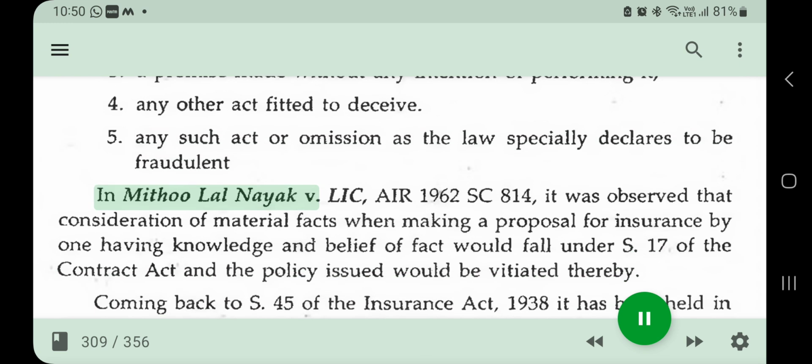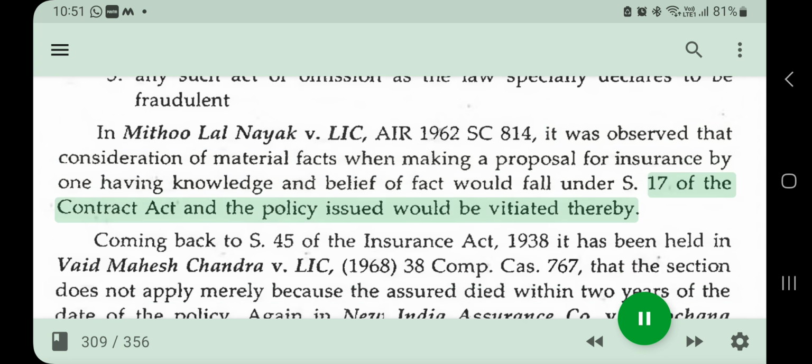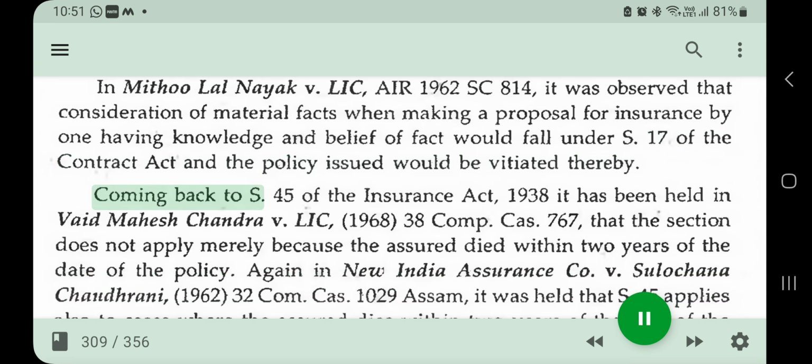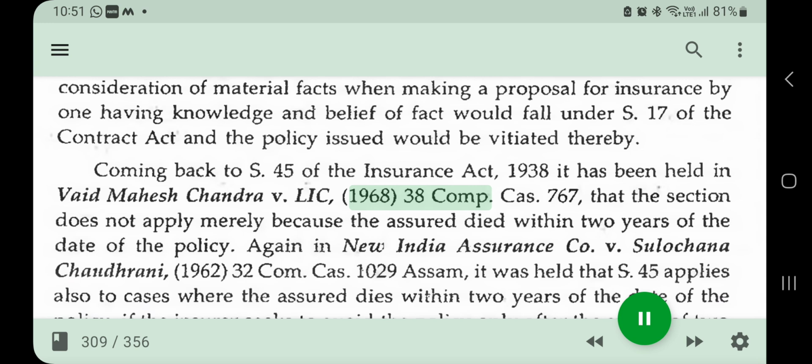In Mata Lal Nayak v. LIC, AIR 1962 SC 814, it was observed that concealment of material facts when making a proposal for insurance by one having knowledge and belief of the fact would fall under S. 17 of the Contract Act and the policy issued would be vitiated thereby. Coming back to S. 45 of the Insurance Act, 1938, it has been held in Ved Mahesh Chandra v. LIC, 1968-38 Comp.